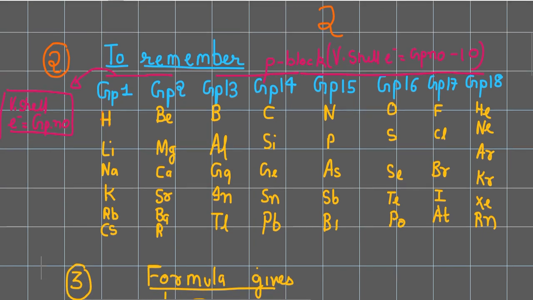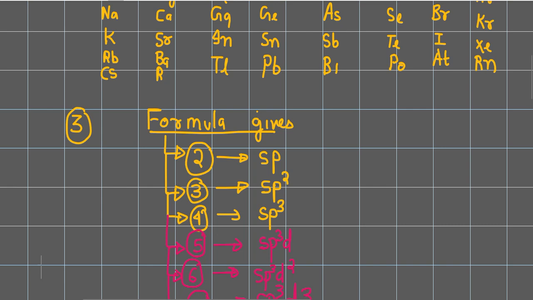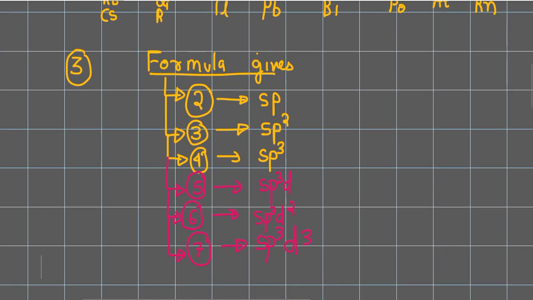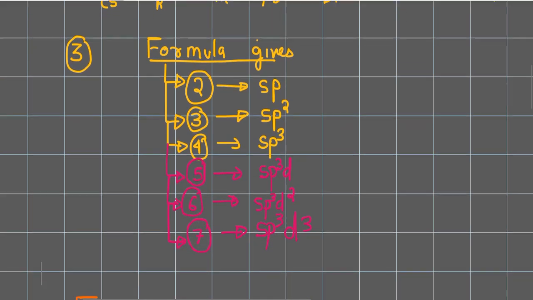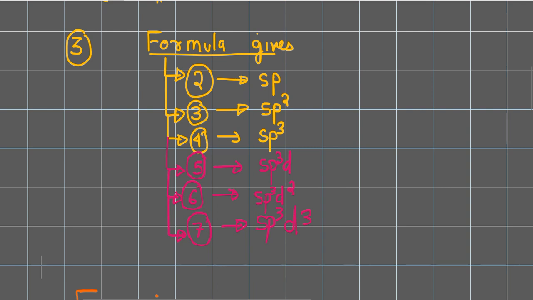So let's start to calculate the hybridization of any given molecule. If by the formula you get the number equal to 2, then the hybridization would be sp, because there will be involvement of s and p orbitals. So number is 2, so 2 orbitals, sp. If it comes 3, then sp2.